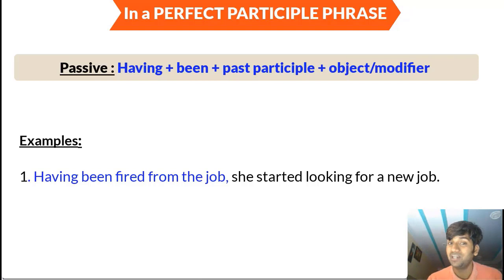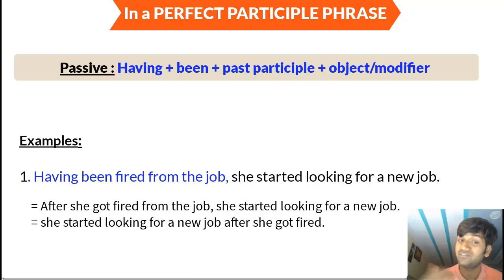Somebody else did it. She received the action. So the receiver of the action, the object of the action in the perfect participle phrase, is the subject of the main clause. Having been fired from the job, by somebody, she started looking for a new job. After she got fired from the job, she started looking for a new job, or she started looking for a new job after she got fired.